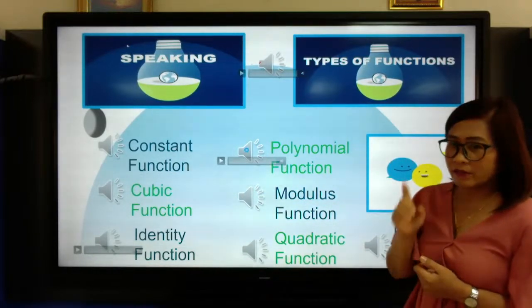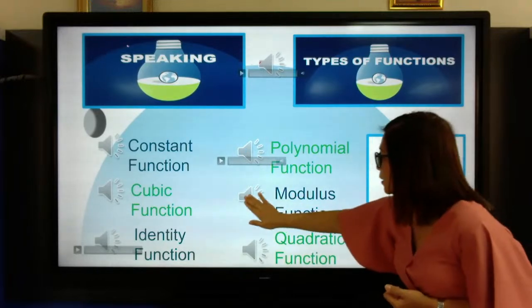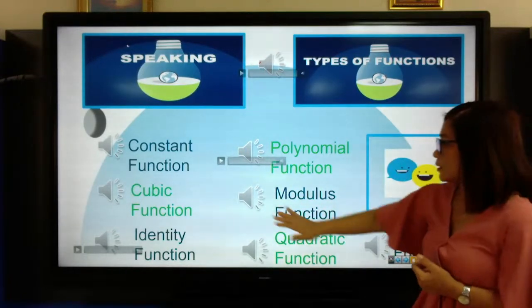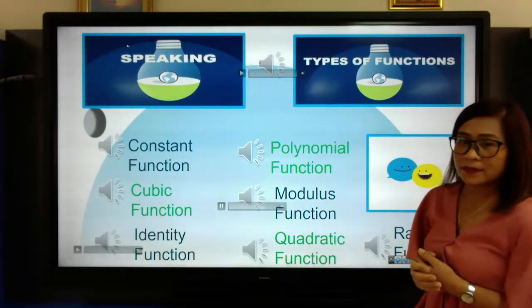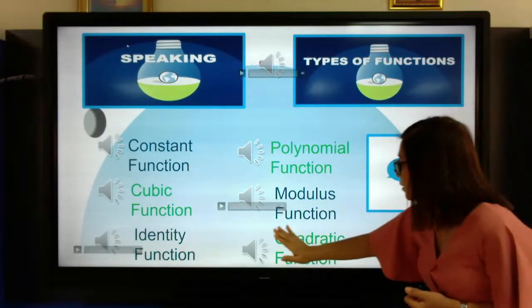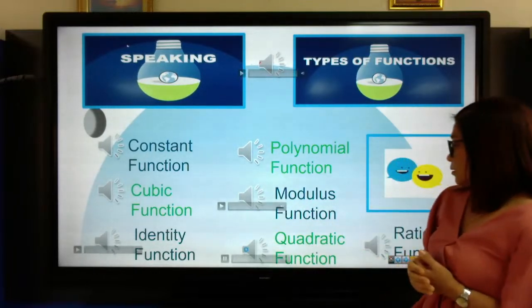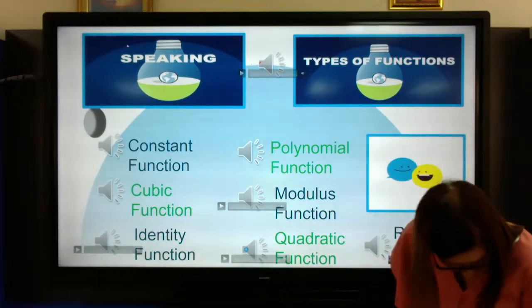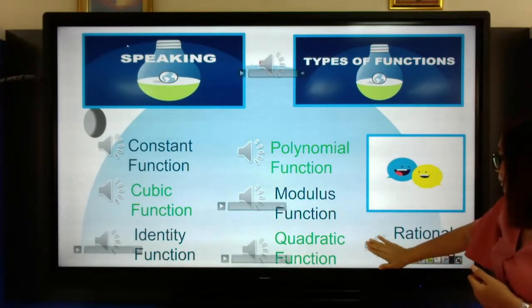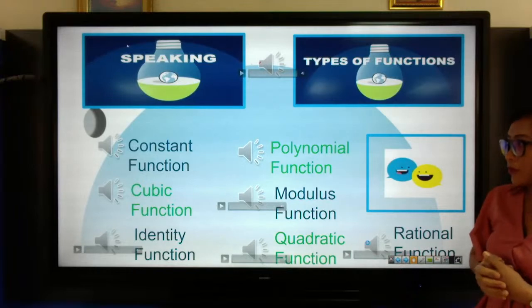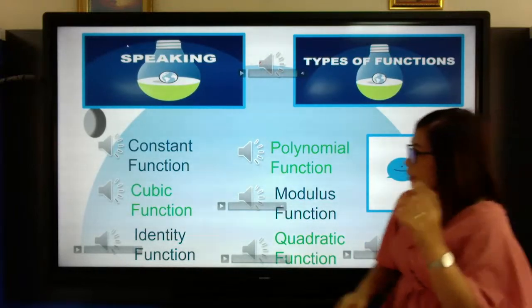Polynomial function. Your turn. Modulus function. Do it. Quadratic function. And we have the last one here, rational function. So do it one more time.